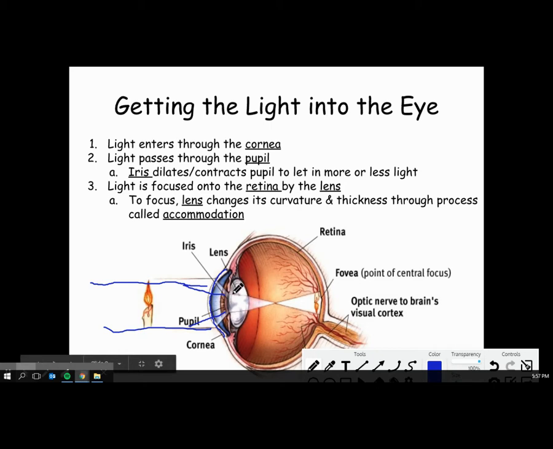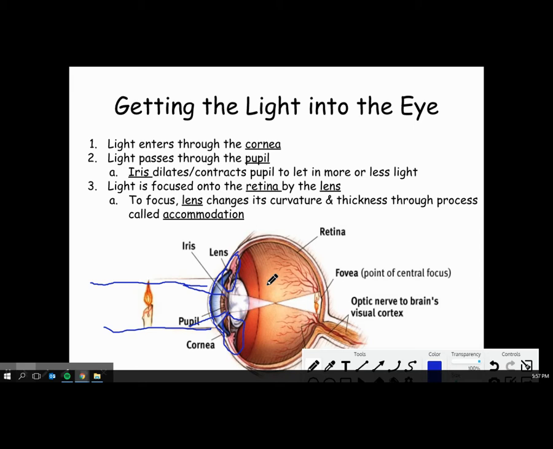The pupil is the little black opening, little black hole in the center of our eye. The pupil is where this light enters into the eyeball. It's controlled by muscles on the outside, what is called the iris. The iris is the colored circle that surrounds the pupil.